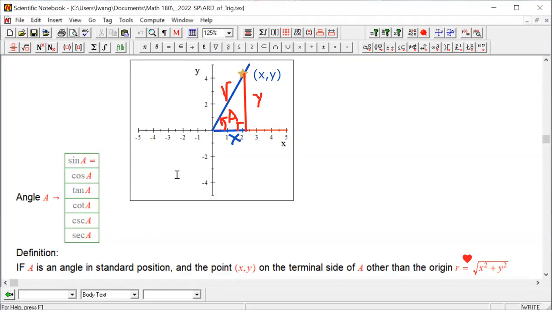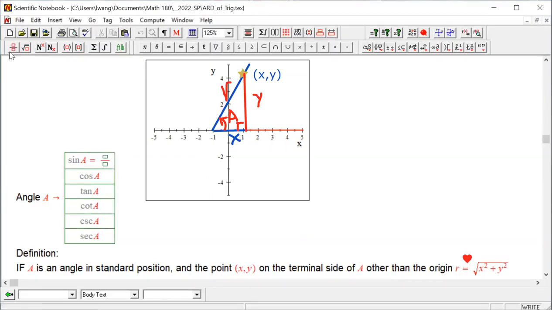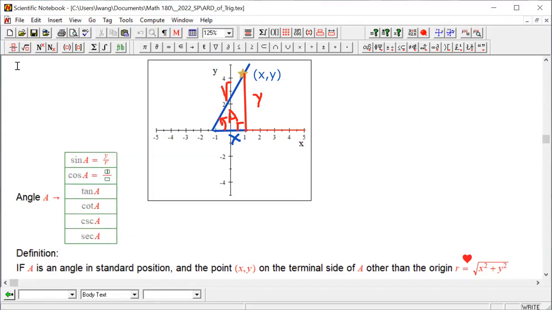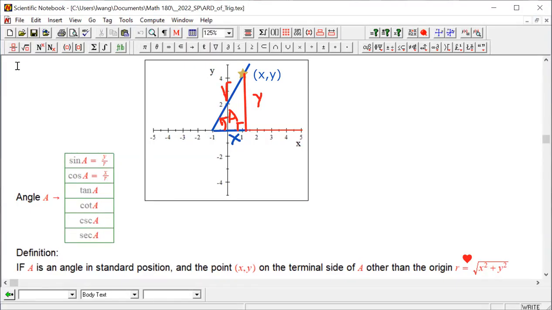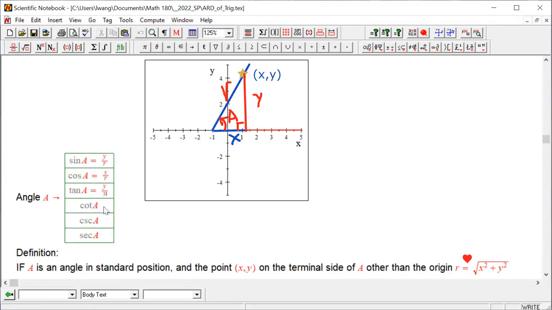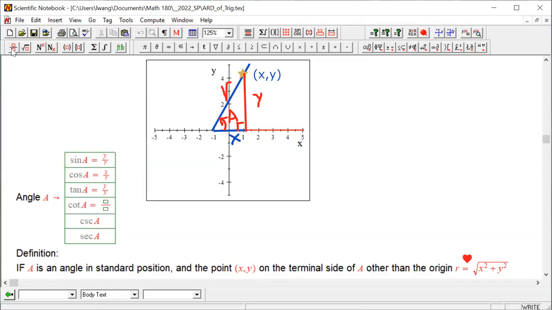Now we have all the quantities we need. Sine is going to be y over r, and the cosine is going to be x over r. Tangent is y over x. Cotangent is x over y.